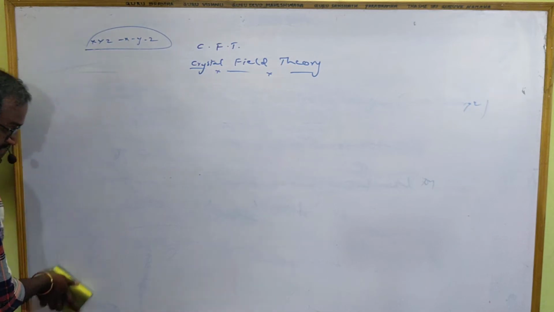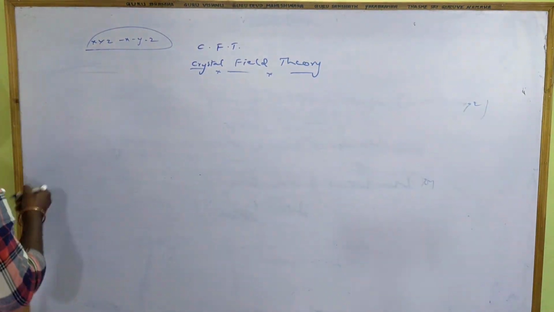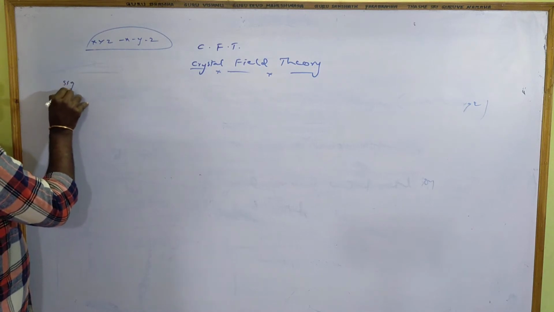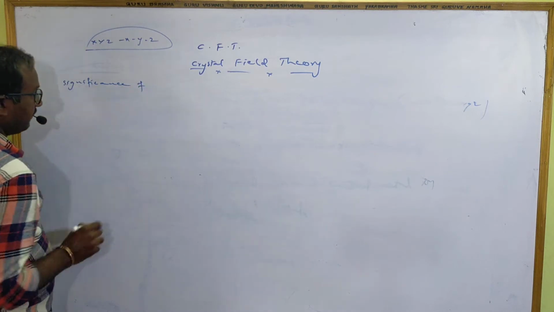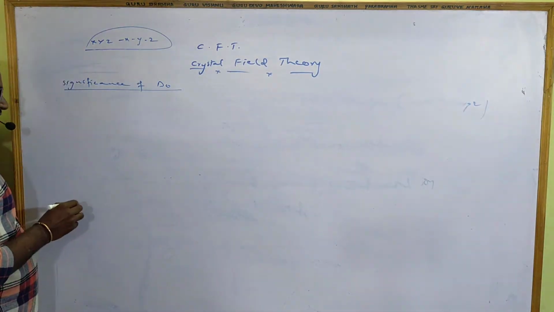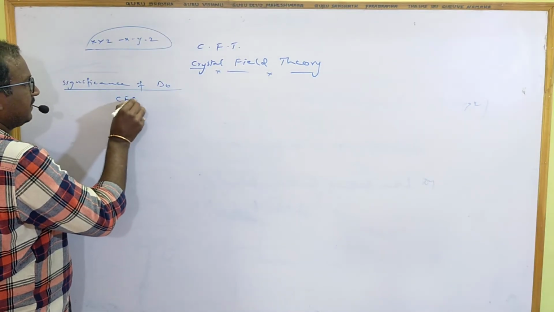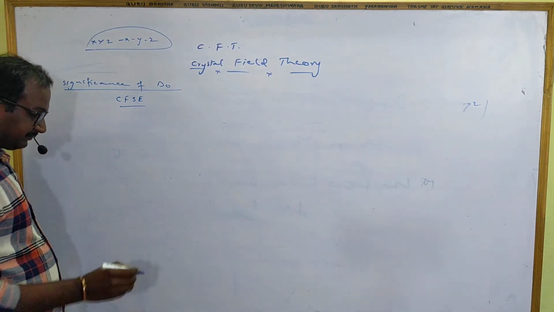What is CFSE? Let us see. The significance of delta O is nothing but CFSE, crystal field splitting energy.